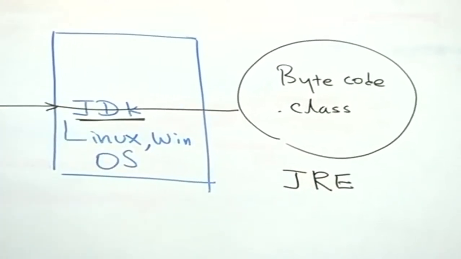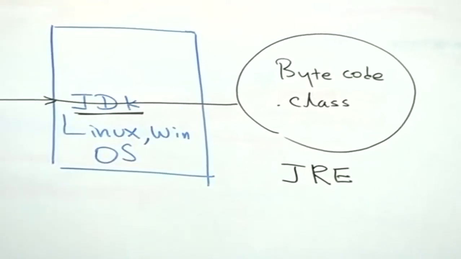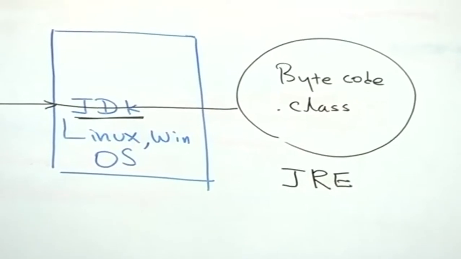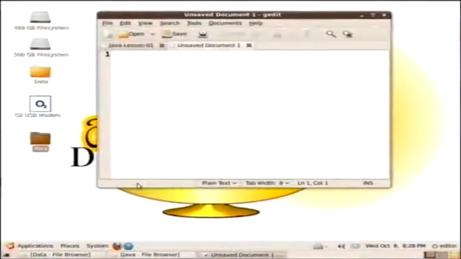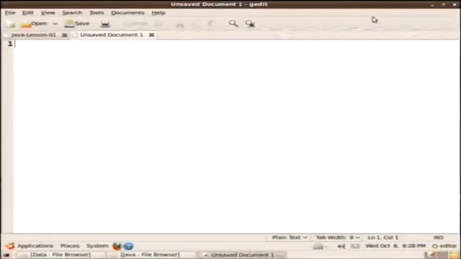Now, in our course today, we are going to use the Linux operating system, which is Ubuntu. In Ubuntu, we are going to use gedit, the editor, to write the Java program.